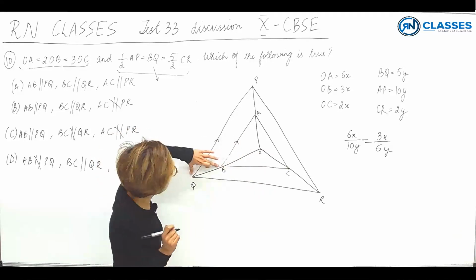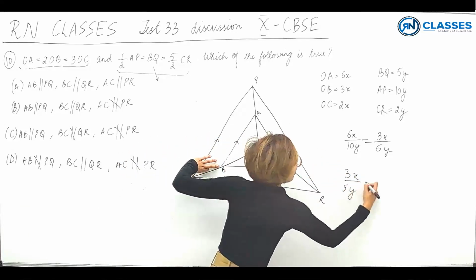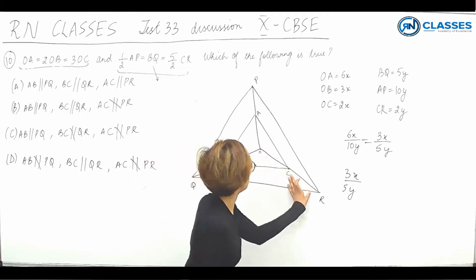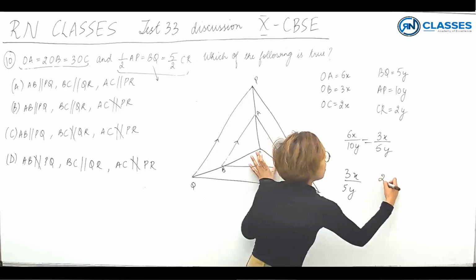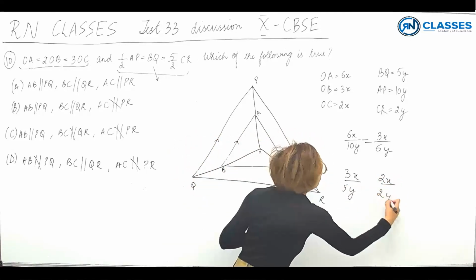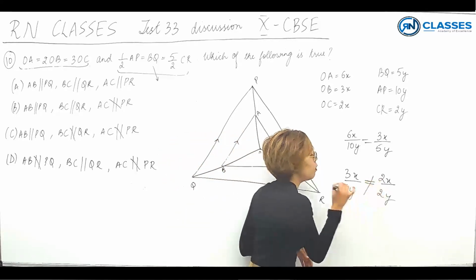Done. Now, I need to check BC and QR, whether these are parallel or not. So, OB over BQ. OB was 3x, BQ is 5y. I need to check whether this by this is equal to this by this. Now OC is what? 2x over CR. CR is 2y. Okay, so definitely these two are not equal.